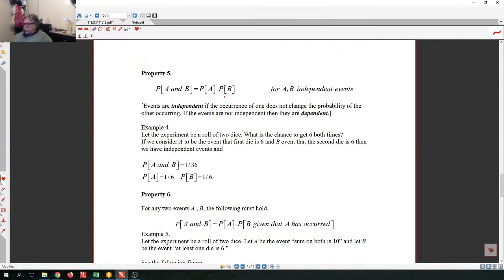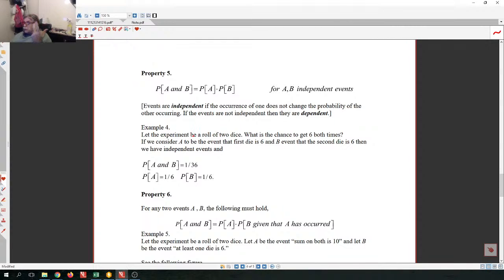The probability of A times the probability of B will give you the probability of A and B. So A and B is an event. A is an event. B is an event. To get the probability of A and B, you just have to multiply the individual probability of A and the probability of B. Okay?